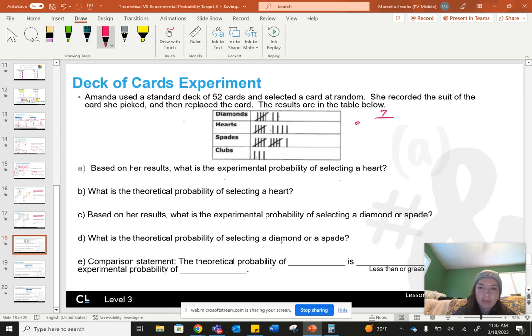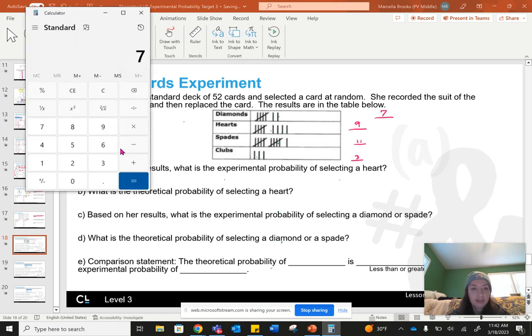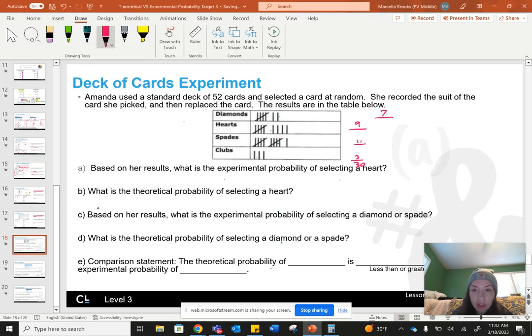Experimental probability of hearts is 9 over something. 11 over something for spades, and then 3 over something for clubs. So we need to add 7 plus 9 plus 11 plus 3. So it's 30. It's over 30. So 3 over 30 for clubs, 11 over 30 for spades, 9 over 30 for hearts, 7 over 30 for diamonds.